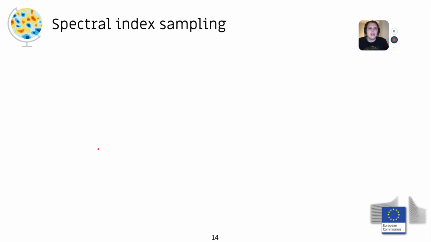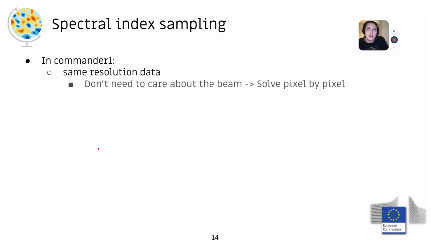So before I go into the details of how to deal with spectral indexes currently, I want to motivate our decisions by talking about what we have done historically. So initially, in the first version of Commander, we analyzed all the data at the same resolution. And this means that we don't care about the beam, and we can solve the system pixel by pixel, and that means that we can actually just apply a simple inversion sampling technique.